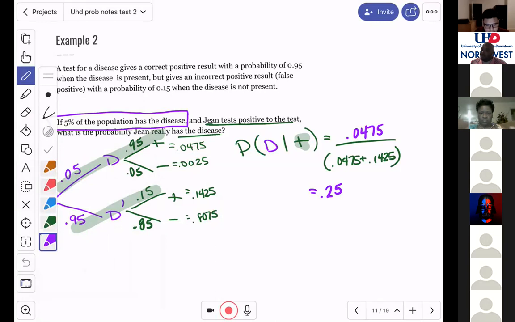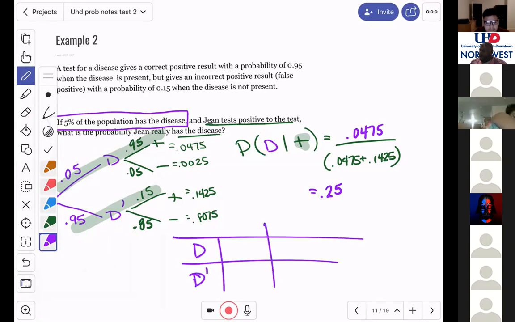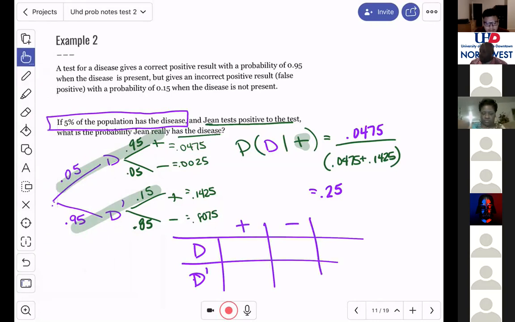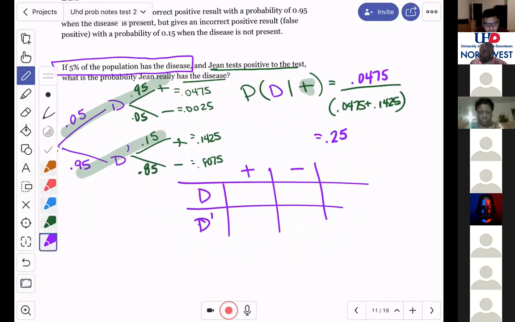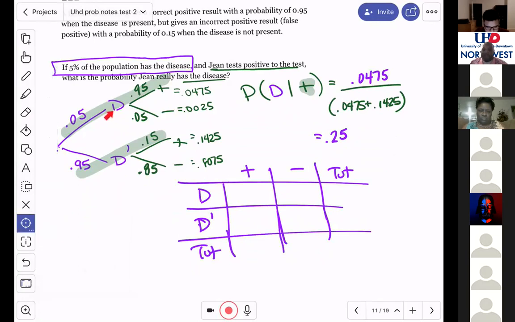Real quick before I go. You have disease, disease prime, you have a positive test and a negative test, and you have a total and another total out here. I can convert this tree to a table just by doing this. First branch, disease and positive, goes in this cell right here.